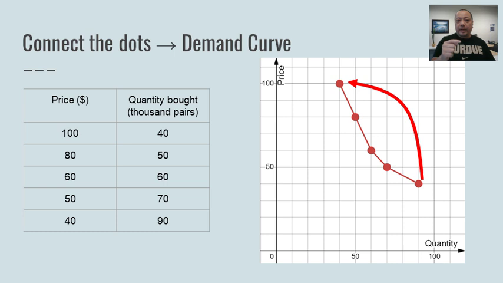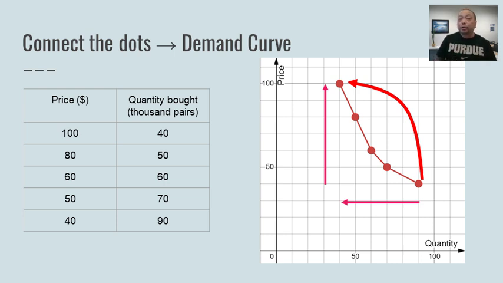If you go from bottom to top, you see that the dots go from right to left. Bottom to top means prices go higher, price increases. Right to left means quantity decreases. This curve says as price increases, the quantity demanded decreases.